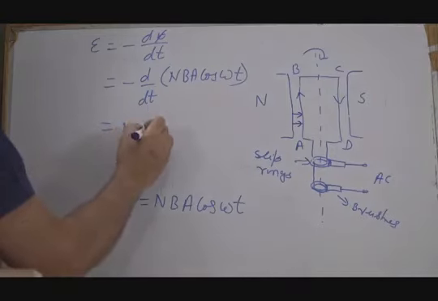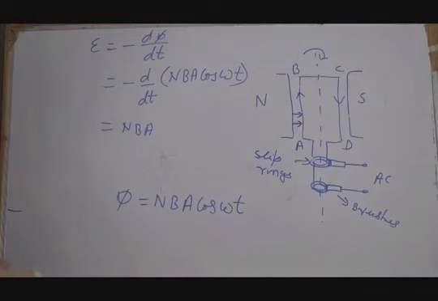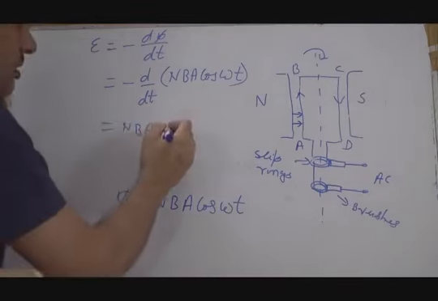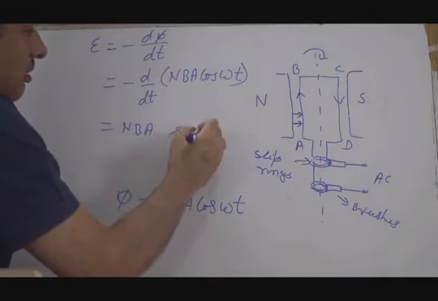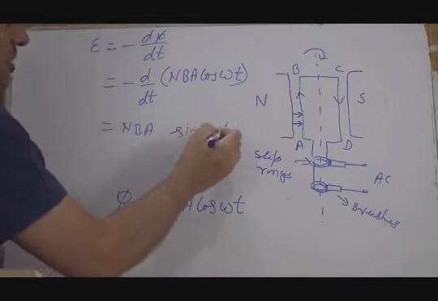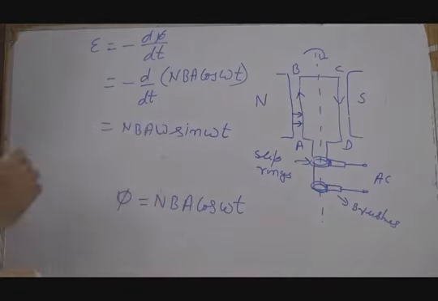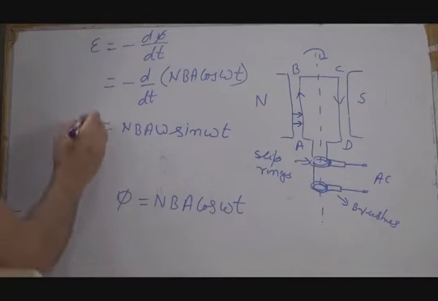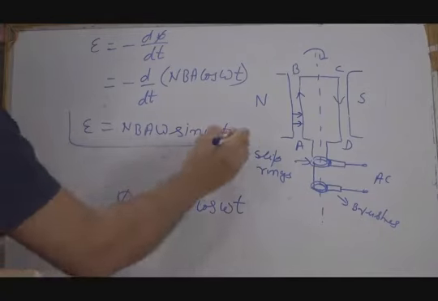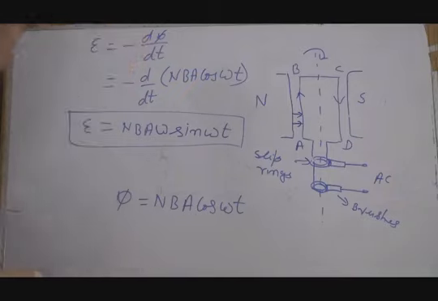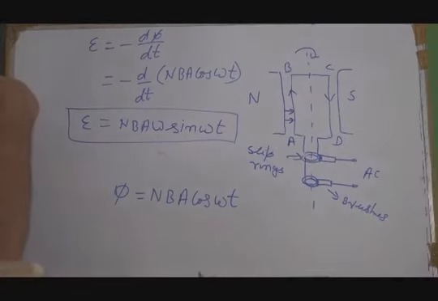N, B and A all are constants. Differentiation of cos theta is minus sin theta, so minus minus will become plus. So it will be sin omega t, and differentiation of omega t is omega, so it will be multiplied by omega. So induced EMF will be given by NBA omega sin omega t.